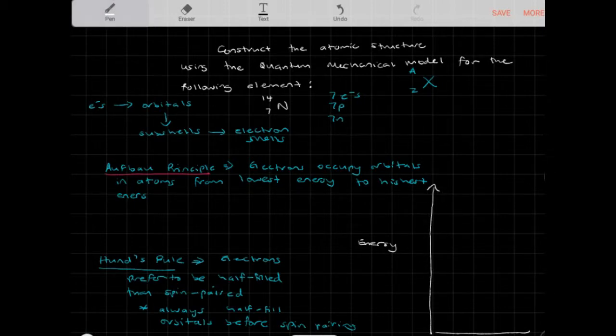I'm going to start here at the base, and I'm going to put my first energy level. So this is n is equal to 1, right? And in the first energy shell, we said that there's only going to be one S subshell, so this is technically the S subshell.